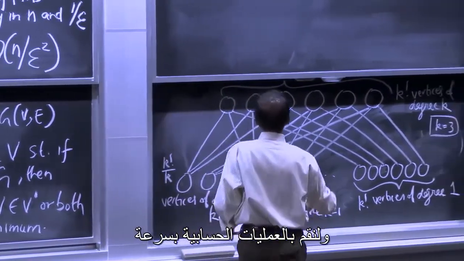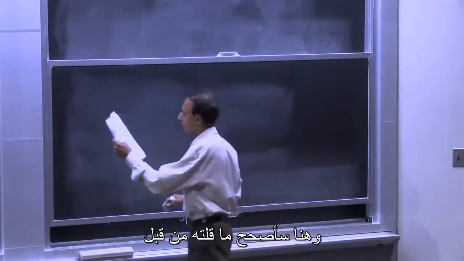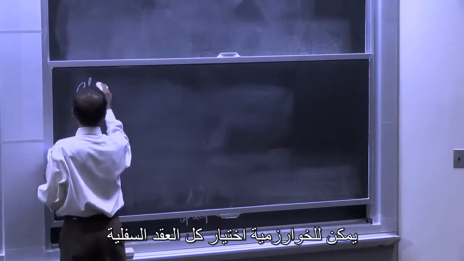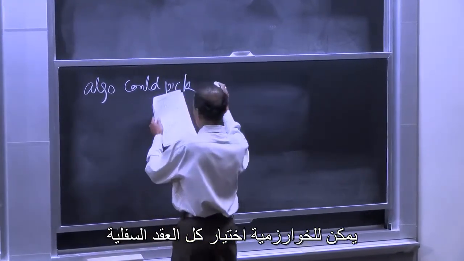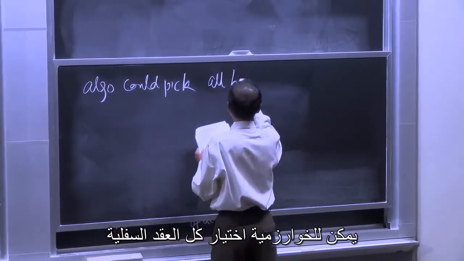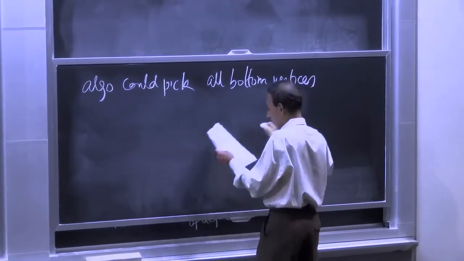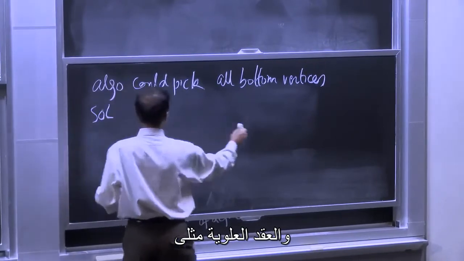If you do the math really quickly, and this is where I'll correct what I said before, the algorithm could pick all the bottom vertices, and the top vertices are optimal.